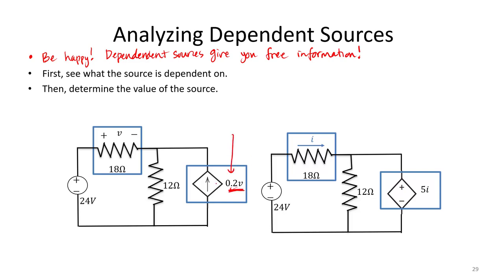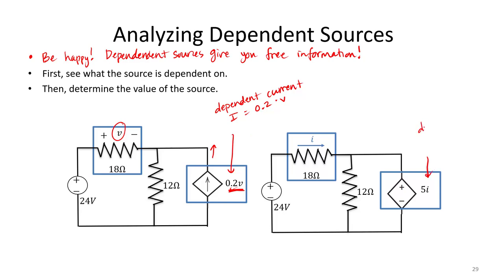Notice here, for example, the dependent current source. The amount of current exiting this source is equal to 0.2 times V, where V is over here. So notice we're given a free equation. If we know our value V, then we automatically know how much current is coming out of that source.